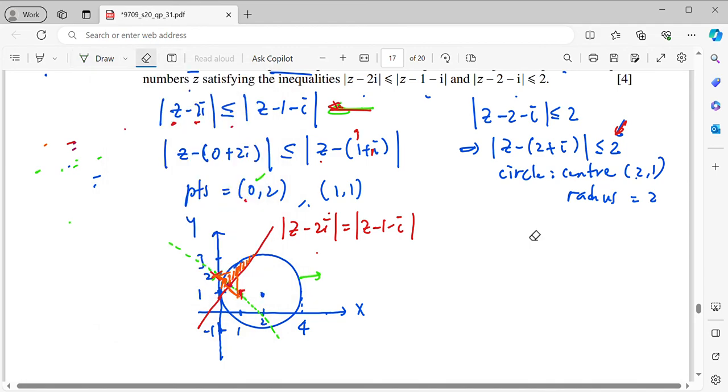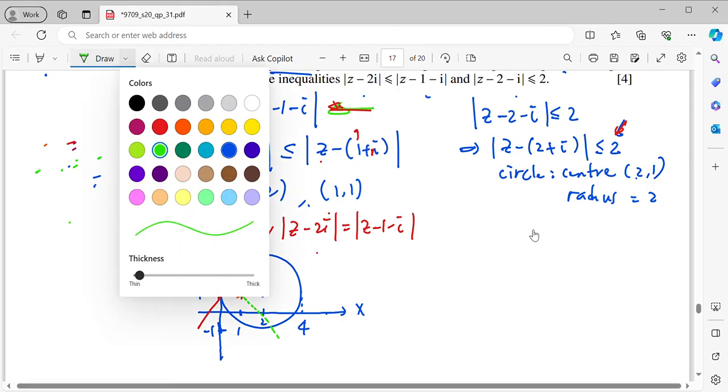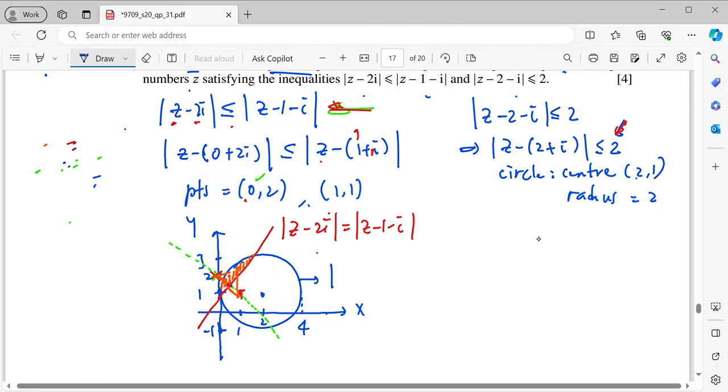This is going to be the circle equation. Right, so for locus, we don't label x, y, but we label real and imaginary. So this is imaginary. And this horizontal axis is real axis. So done for this part.